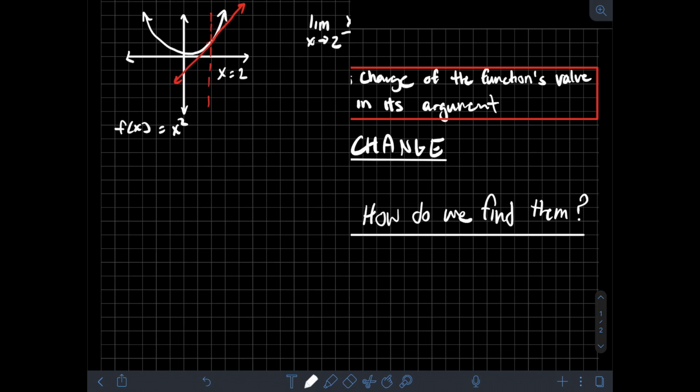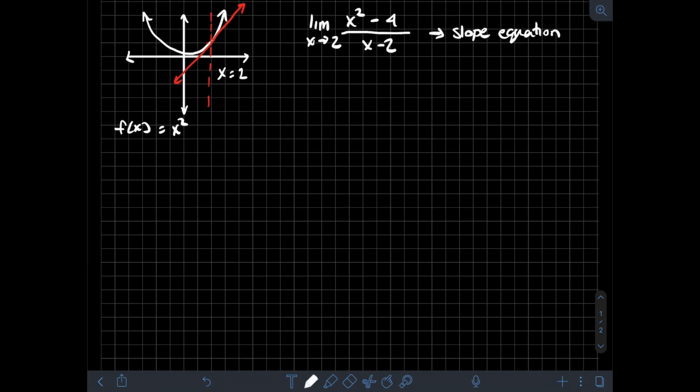Alright, let's jump into this. So we left off talking about derivatives at this point here. Now we realized that to solve this limit, we had to factor out a difference of squares. So we get the limit as x approaches 2 of (x plus 2)(x minus 2) over x minus 2.